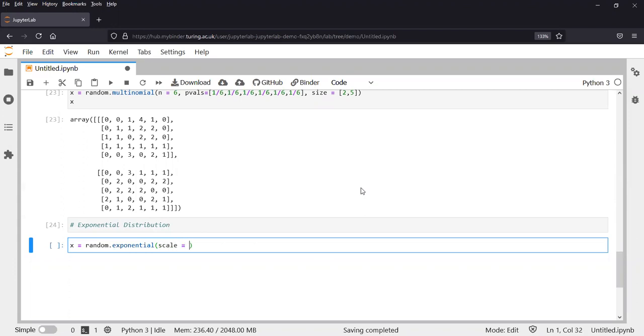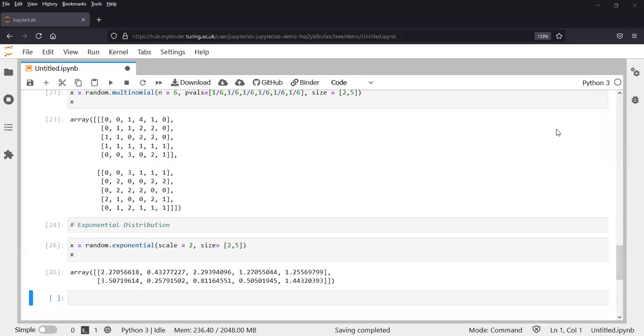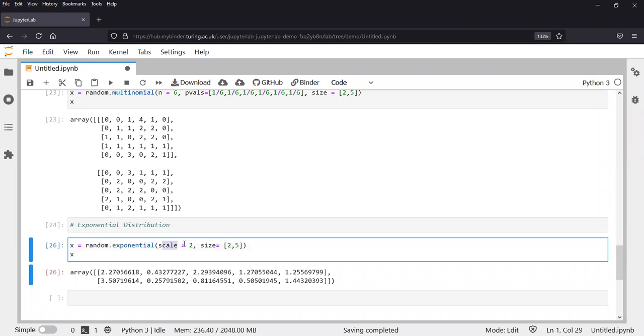Scale is the inverse of the rate. It only has scale and size, just like 2 by 5.